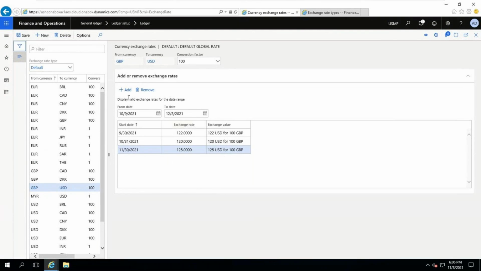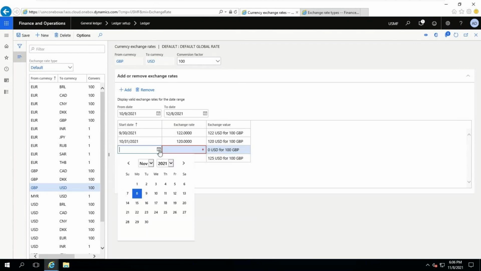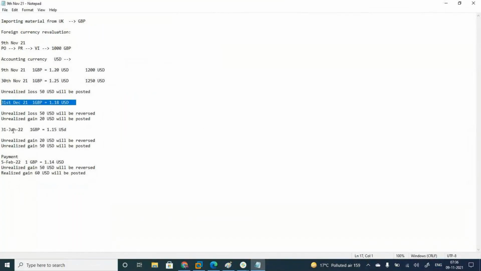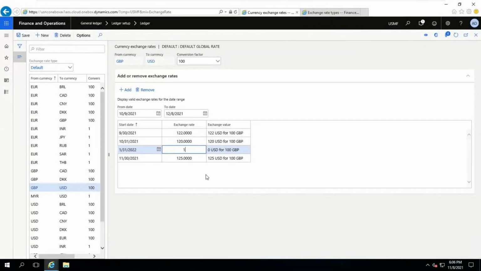Okay, let me create another one on 31st Jan 2022. What is the exchange rate? It is 1.15. 1.15 means 115, because we have used 100 GBP.